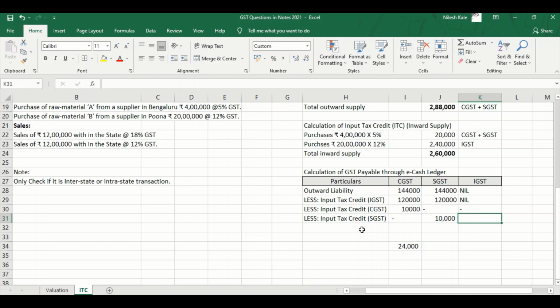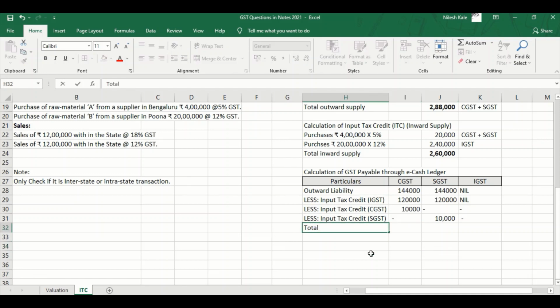Now total GST payable through eCash ledger.